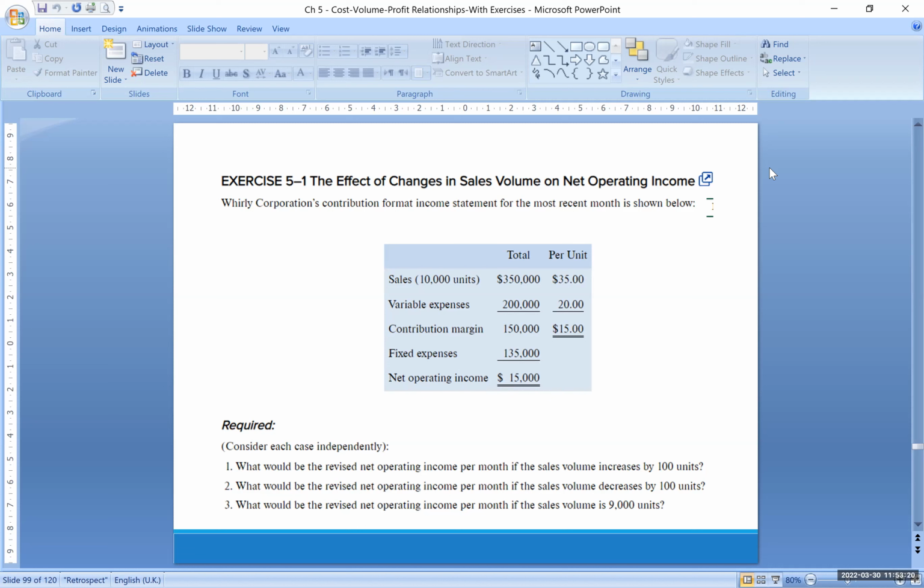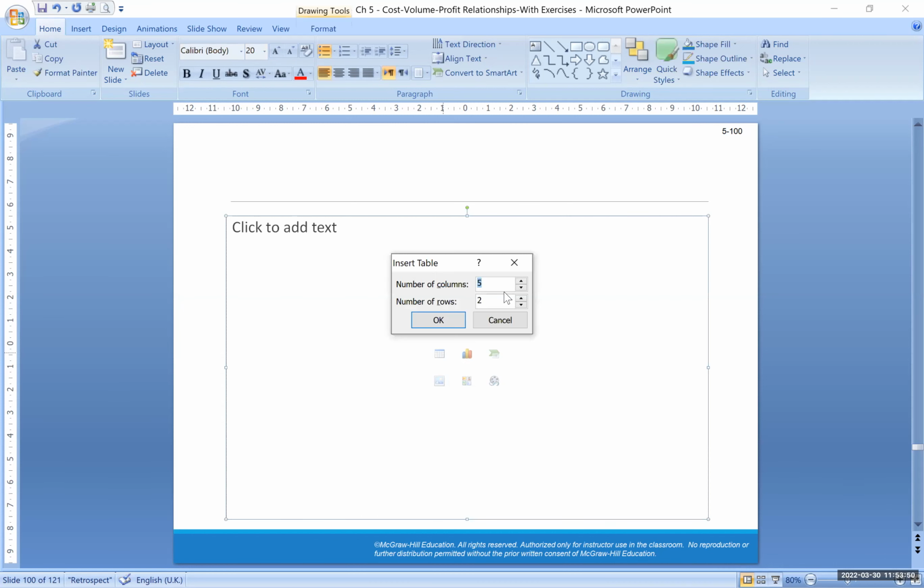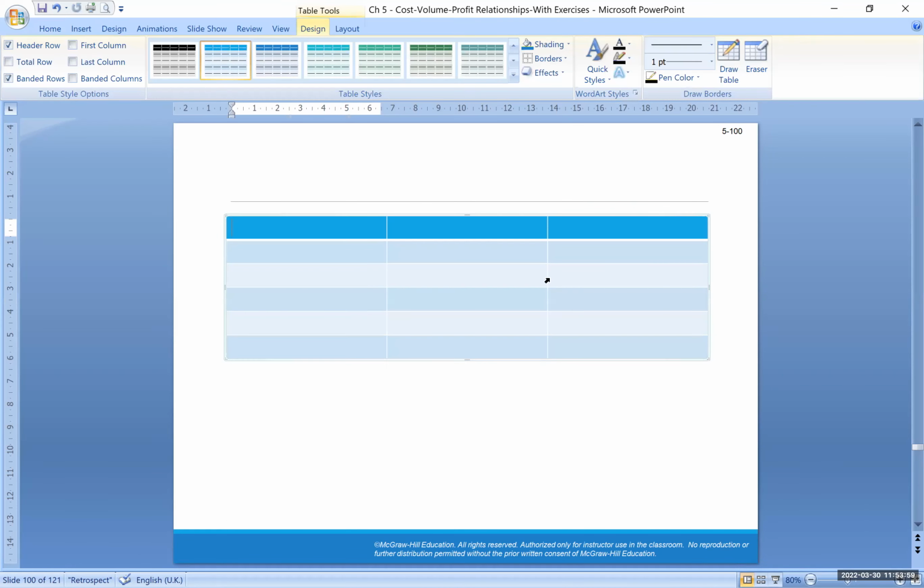What is the net operating income change if we change the sales volume by 100 units? We need to prepare a new income statement here. We do have the original for our question. We need another income statement to see what we have.